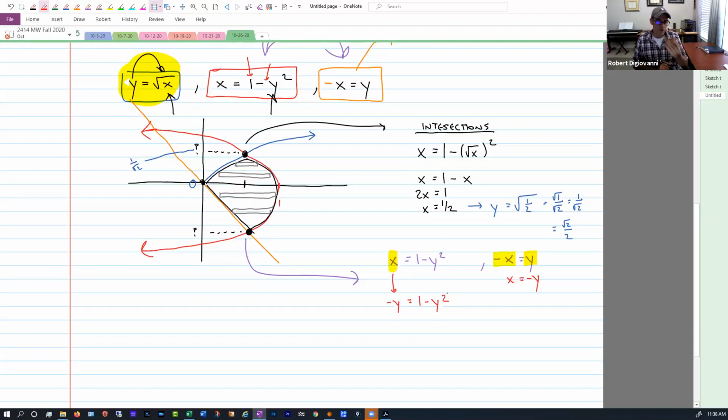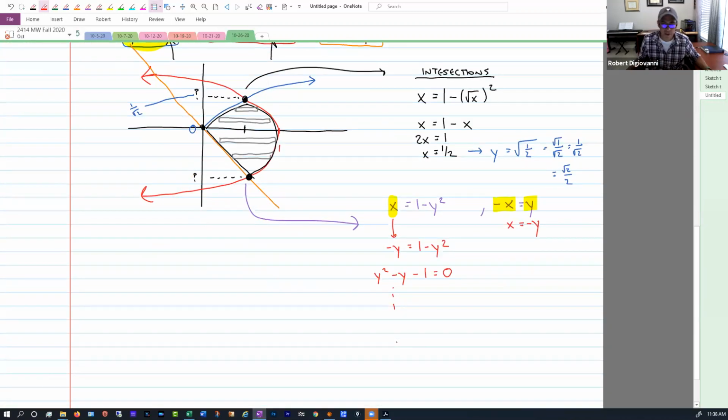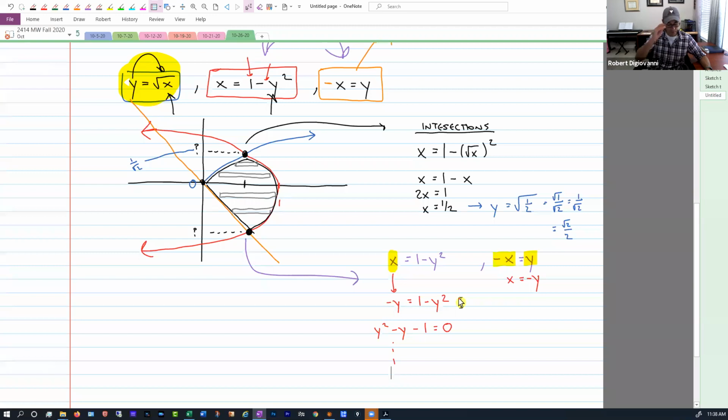I don't have to switch it and go find x later. I'm not solving for x here, I'm solving for y. So I'll move everything to one side, and then I solve that. I'm going to have to use the quadratic formula for that, right? Let's do that in a minute. I don't even feel like finding that answer at this point.